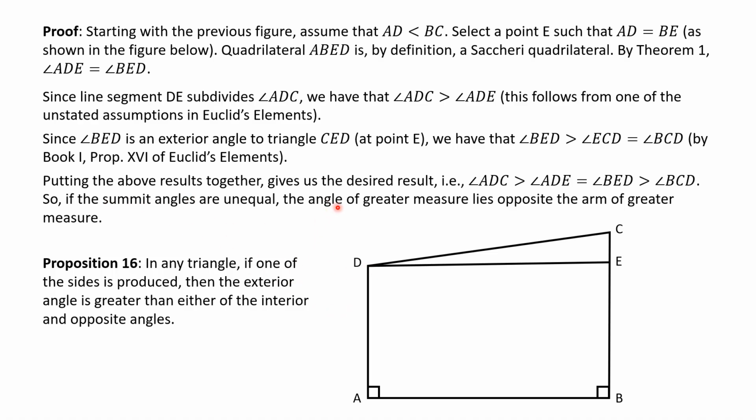So if the summit angles are unequal, which they are, the angle of greater measure lies opposite the arm of greater measure. We started out with AD being less than BC, and we showed that this angle here was bigger than this angle here, and so the larger angle is opposite the larger arm, which is BC.